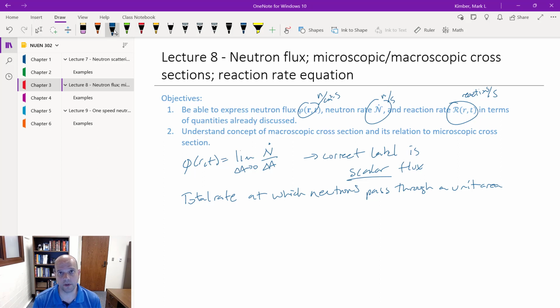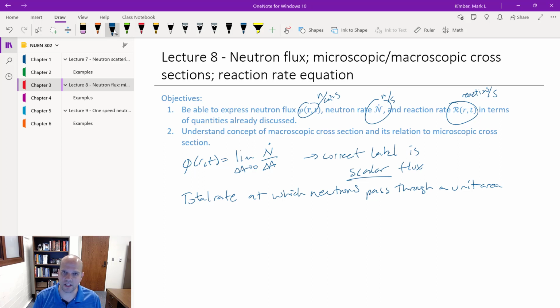So when we deal with flux terms in other disciplines, normally we're looking at the amount of stuff crossing this unit area in a direction that's perpendicular to that area.